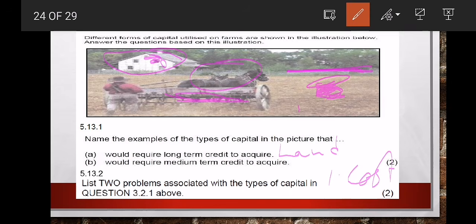You build it this year, after 10 years, will the value still be the same? No, it will have decreased. So what has happened to the value? It has depreciated. So we can talk about depreciation. Same applies to the planter. What about the animals? The animals may die. So we can say they are at high risk.